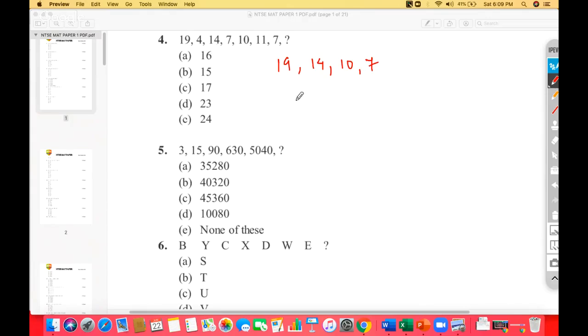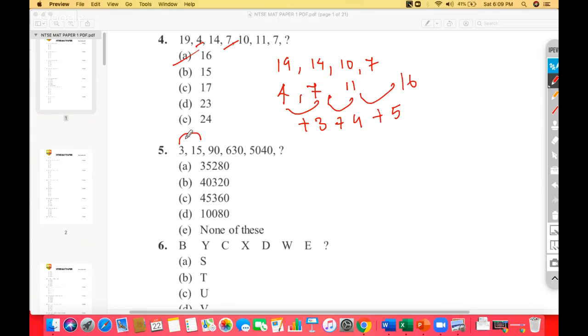So I have 4, 7, then I have 11. So this is plus 3, this is plus 4. So next number would be plus 5. So it will be 16.